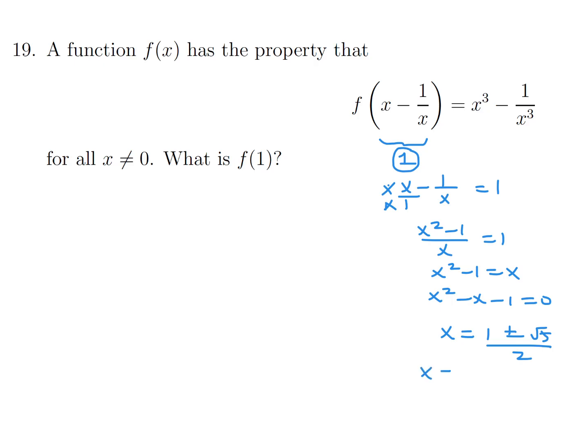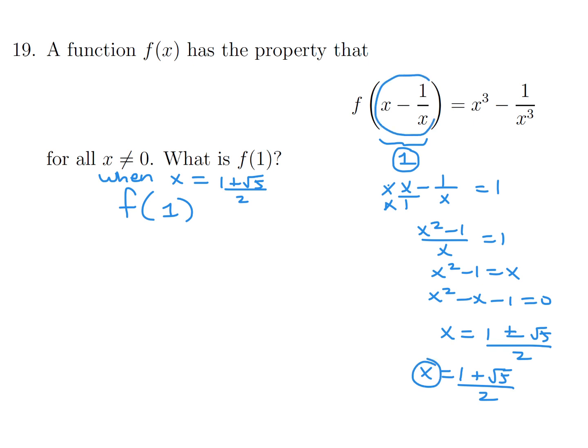So let's use one of them. Let's just use this one and see what we get. So when x is equal to 1 plus root 5 over 2, it becomes f at 1, right? Because when you substitute this value of x into here, that would turn into 1. That's exactly what we just did here.